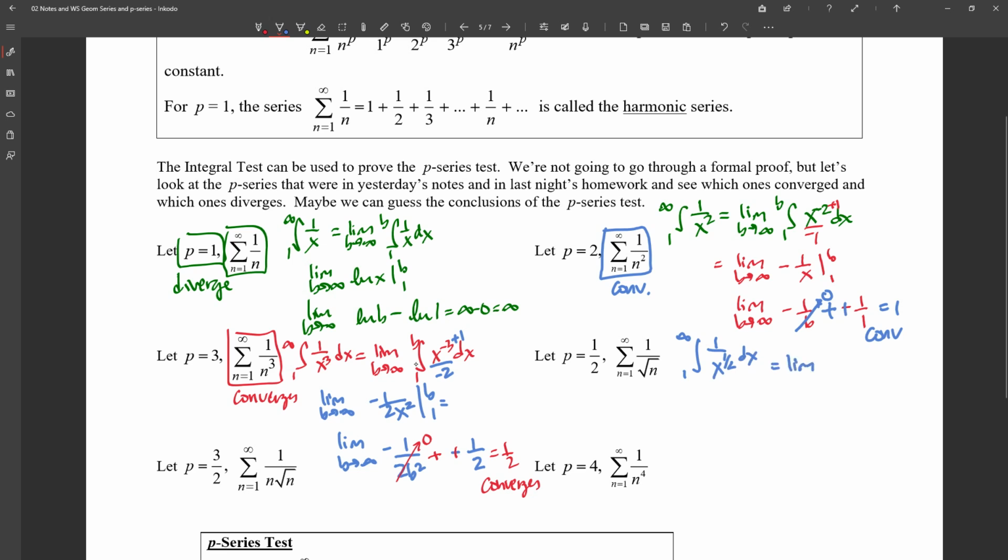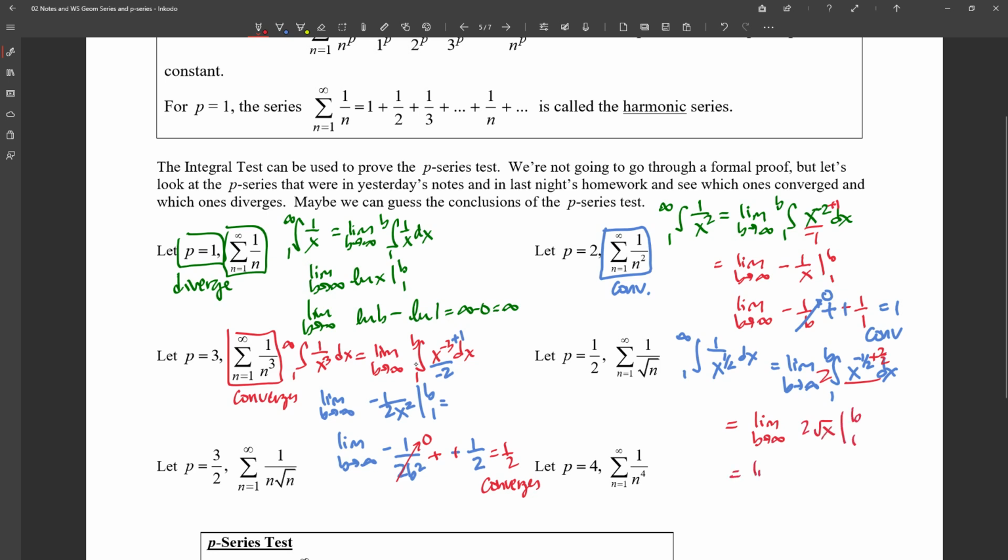That's equal to the limit as b goes to infinity of the integral from 1 to b. This will be x to the -1/2 dx. This will be add 1, divide by 1/2, which is really multiplying by 2. So what I get here is a limit as b goes to infinity of 2 times x to the 1/2, which is the square root of x, from 1 to b.